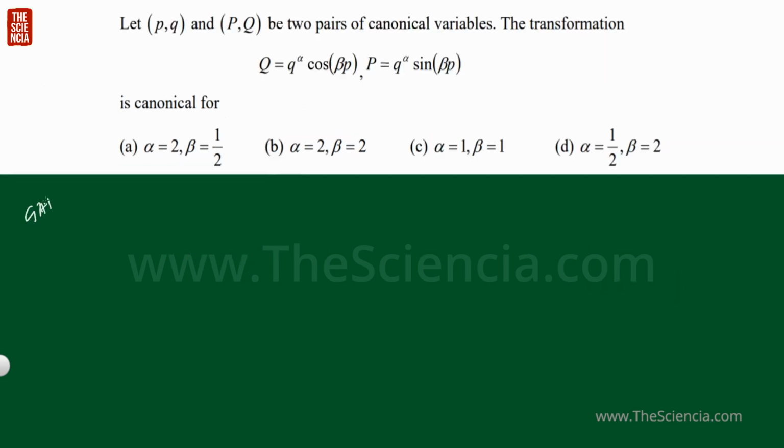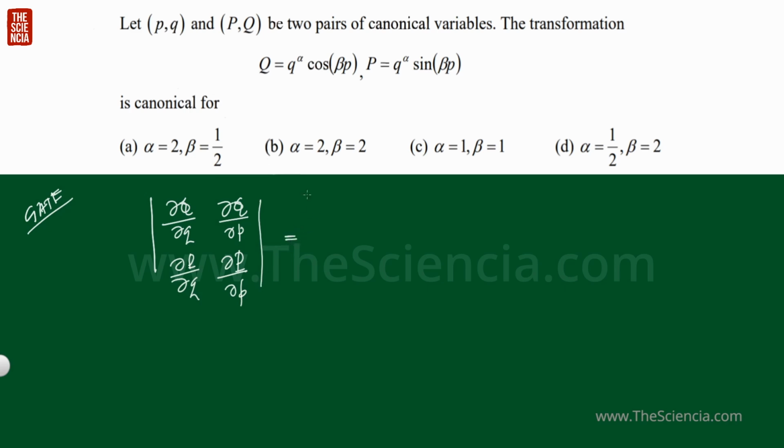Another GATE question. Here also two variables are given, and for them to be canonical, what will be the value of alpha? So you have to find ∂q/∂q, ∂q/∂p, ∂p/∂q and ∂p/∂p, and equate it to 1, right?